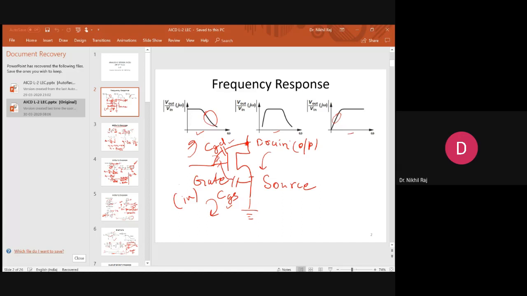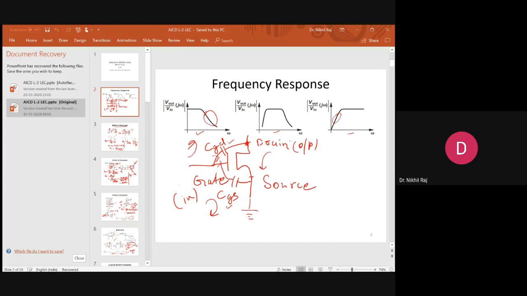Okay. So in the second slide, if you see, there is a roll off in the gain response. These are due to the capacitances which are becoming active. Some are at low and some are at high frequency. So here the CGD, majorly in this chapter we will study the effect of CGD. CGD becomes active when we are moving to the higher frequency. Generally, for example for common source, we give input at the gate and take output from the drain terminal.